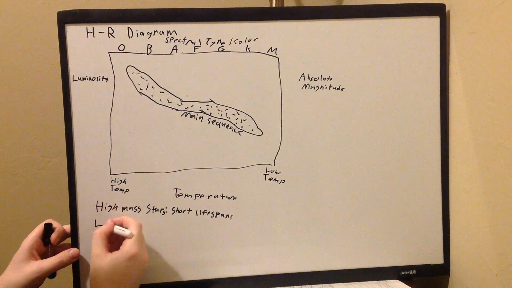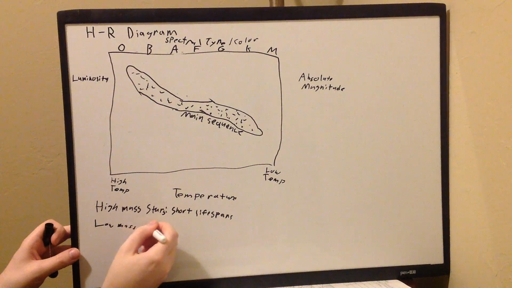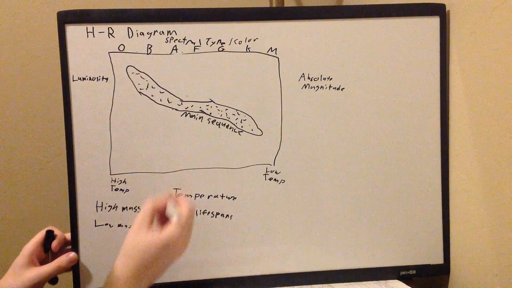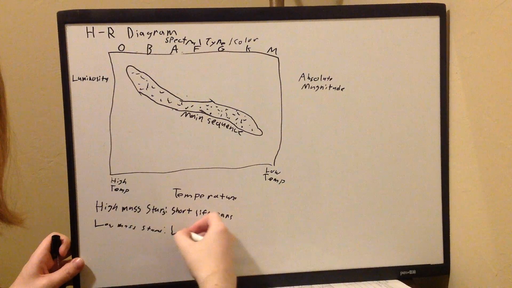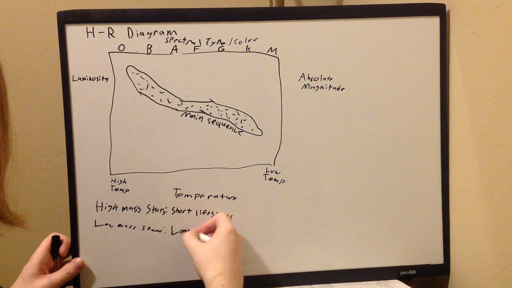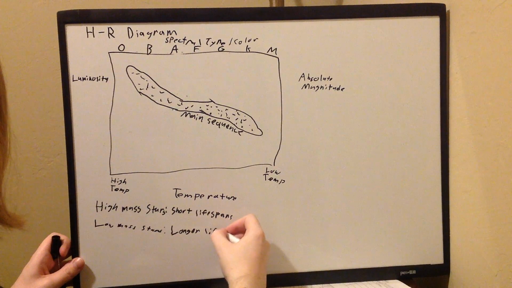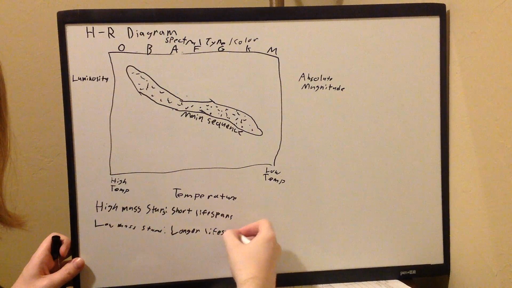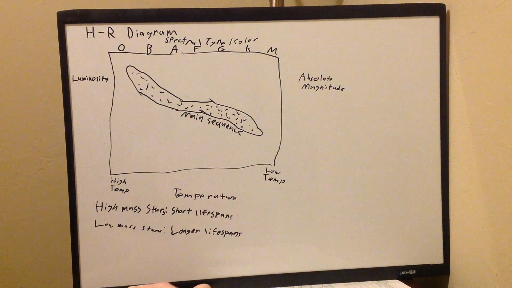Low mass stars have a much longer lifespan. Really low mass stars like M's can have lifespans that are like 40 billion years, even 100 billion years, I think.